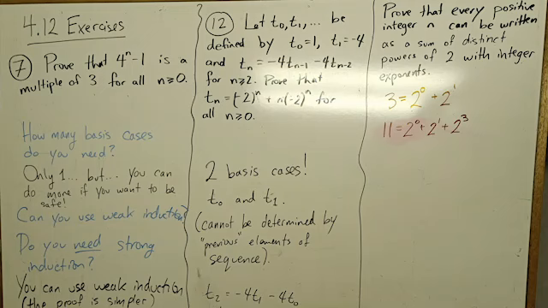You need to start at T0, because otherwise you will never prove the statement for T0 and your proof will be incomplete. So I would recommend doing T0 and T1 and then doing all of the other cases by induction. But like I said, if you want to do more basis cases, feel free.